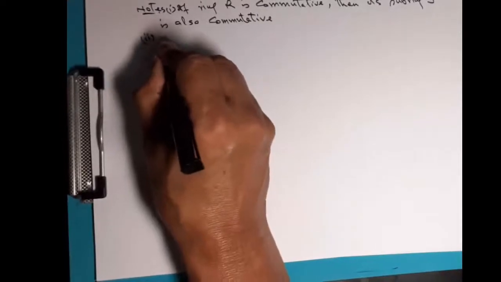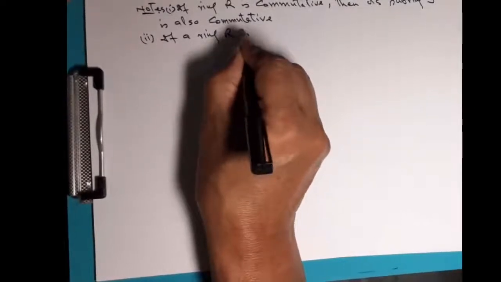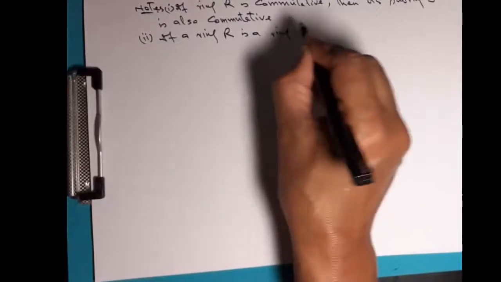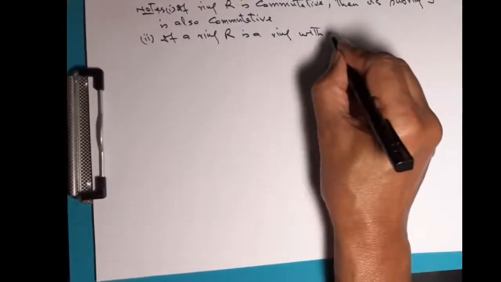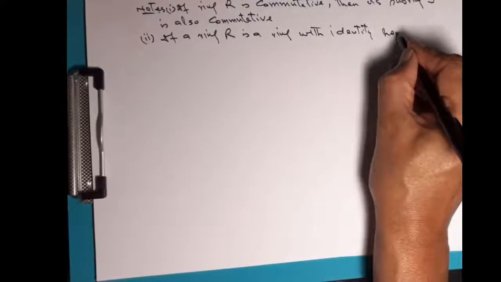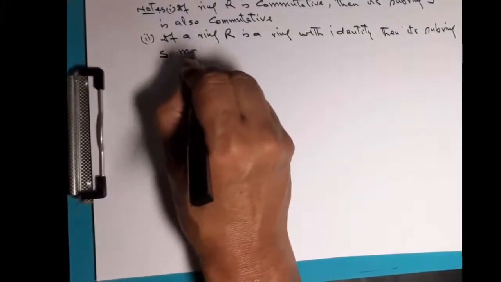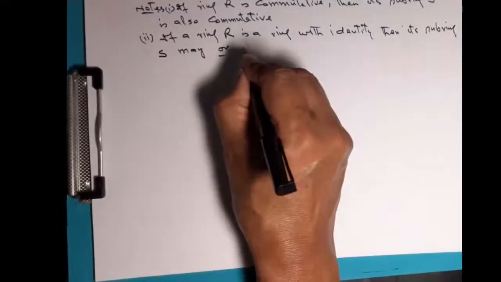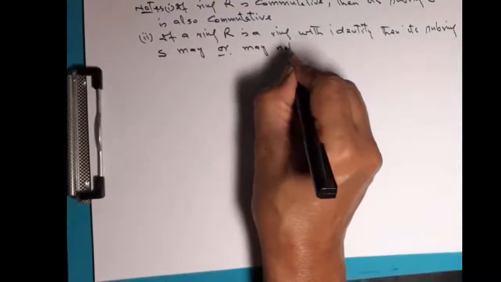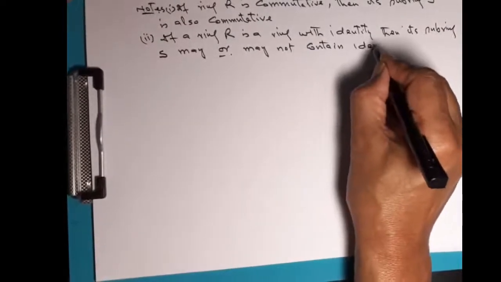But if a ring R is a ring with multiplicative identity, then its subring S may or may not contain identity.